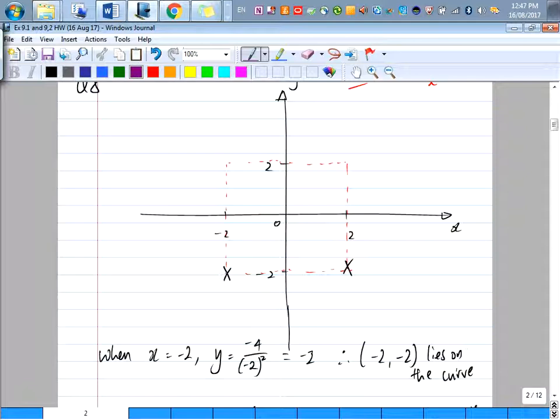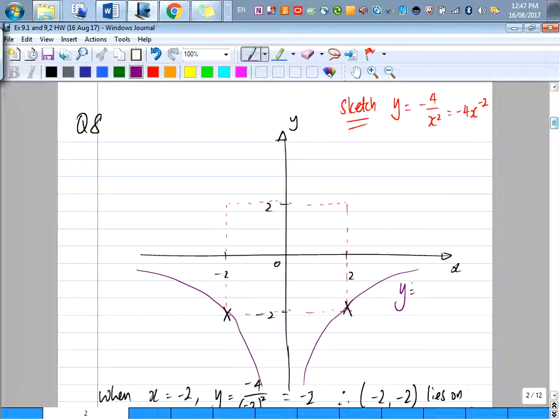It is going to pass through this point, going down. It is a curve looking like an upside down skirt. Okay? Y equals, we still have the label, negative 4 over x squared. The graph does not touch the x-axis.